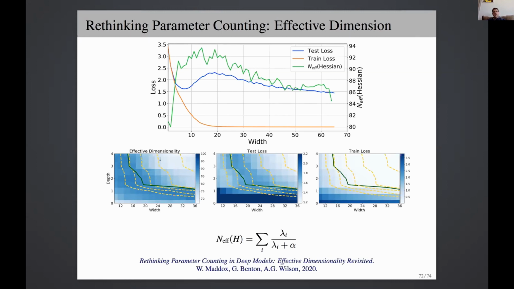And the yellow here shows level curves of models with a constant number of parameters, again emphasizing that parameter counting is not a great proxy for generalization. And though not everyone is saying that we should parameter count, I think parameter counting is quite prevalent in deep learning.